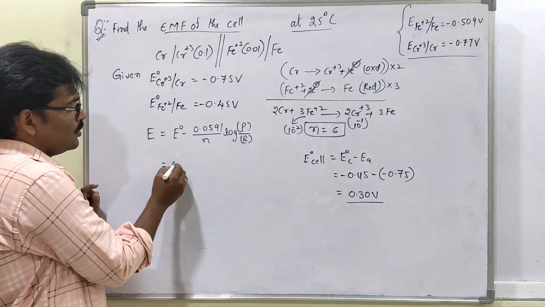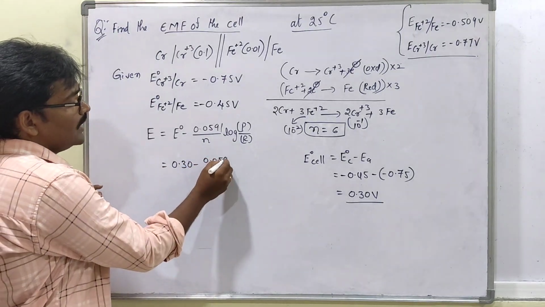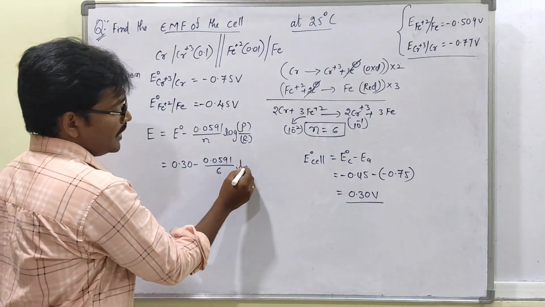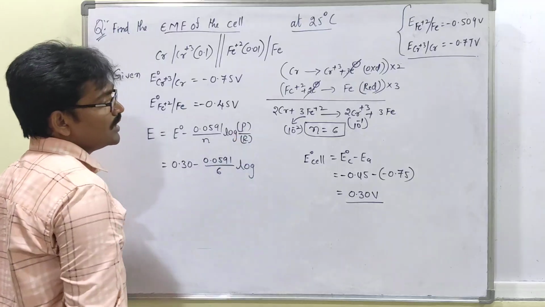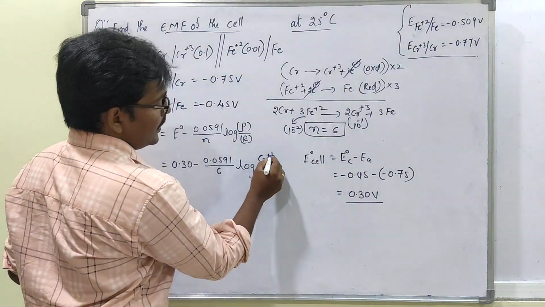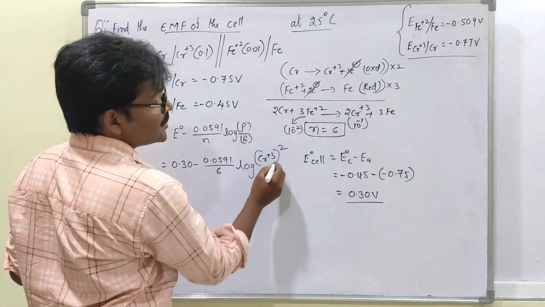E0 cell value 0.30 minus 0.0591 divided by n value, number of electrons, how many did I tell? 6 electrons. Then log product concentration. What is the product? Cr plus 3. While writing the concentration, the stoichiometric coefficient must be mentioned as a power.